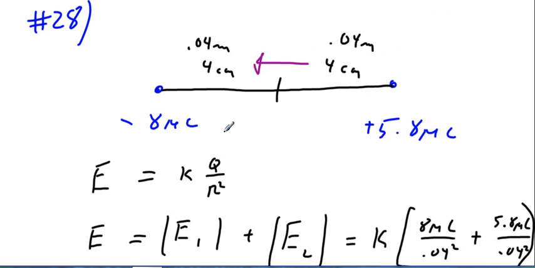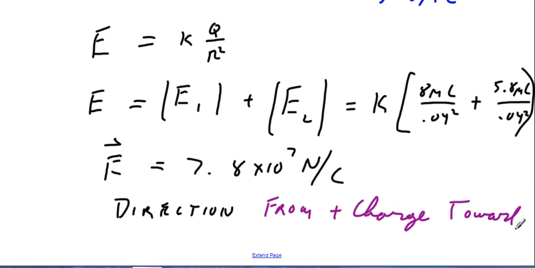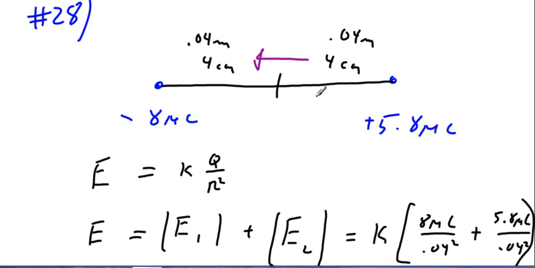So if I would have drawn this picture the other way and put the 5.8 microcoulombs on this side and the minus 8 on that side, I would still go from the positive to the minus. So the direction is from the positive charge towards the negative charge. And just a coincidence of the drawing that happens to be in the minus i direction.